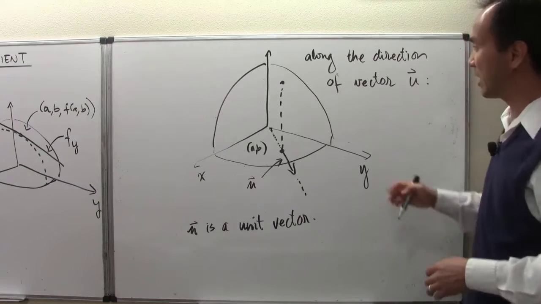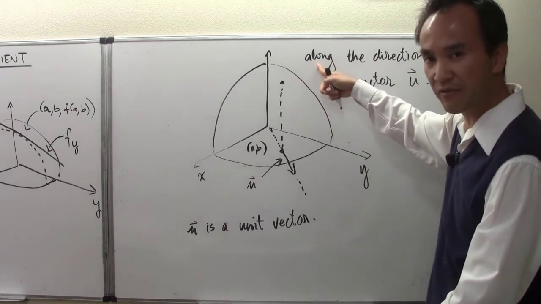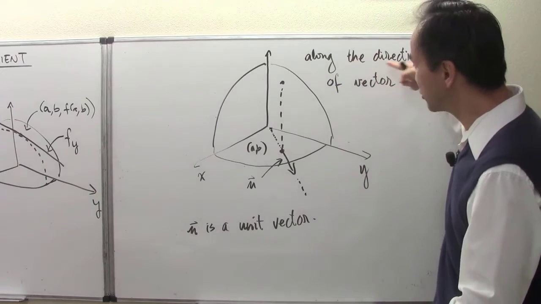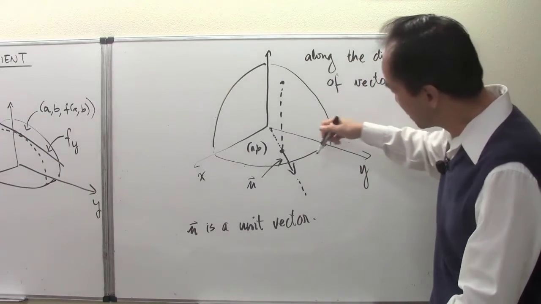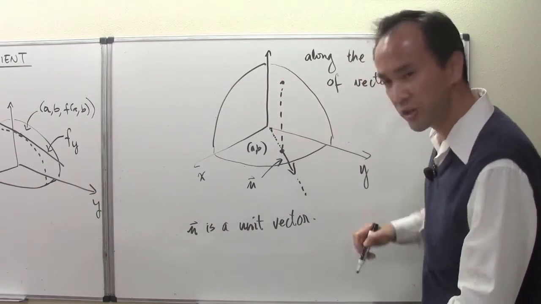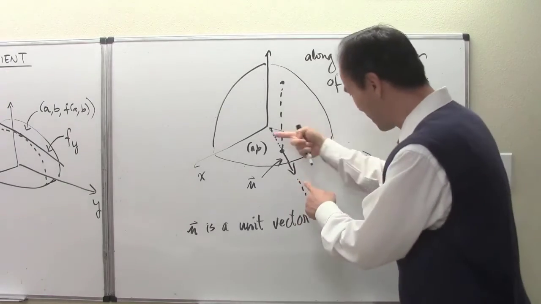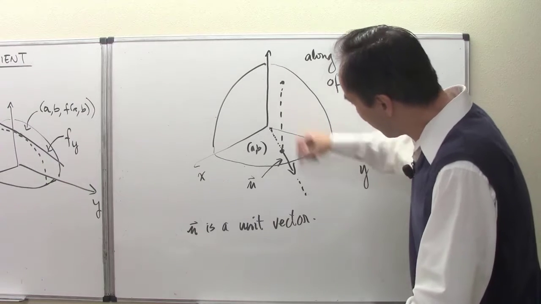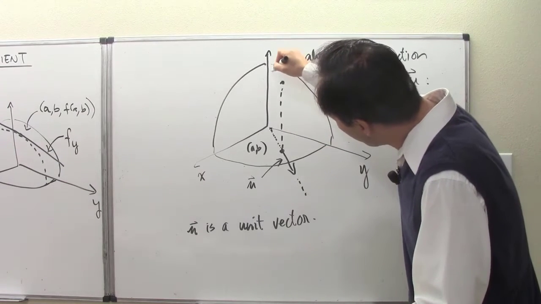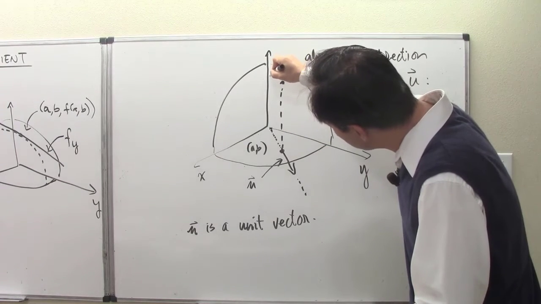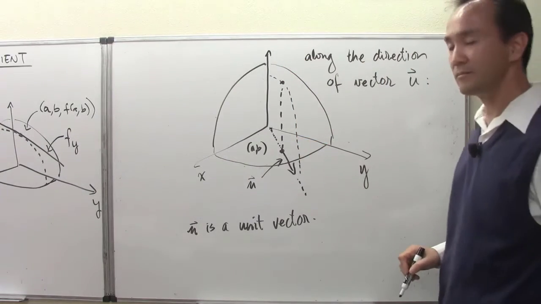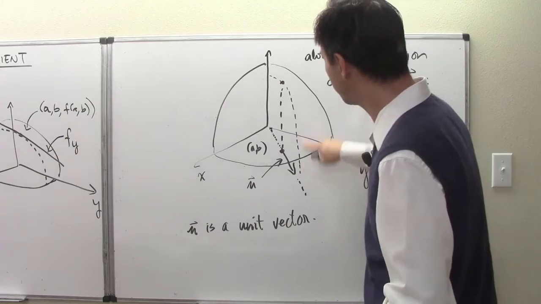And then now we want to consider that behavior on the surface along the direction of the vector u. So in this direction of the vector u, and again not parallel with the y-axis and neither the x-axis, along that we can also draw a tracing curve that contains the point on the surface.